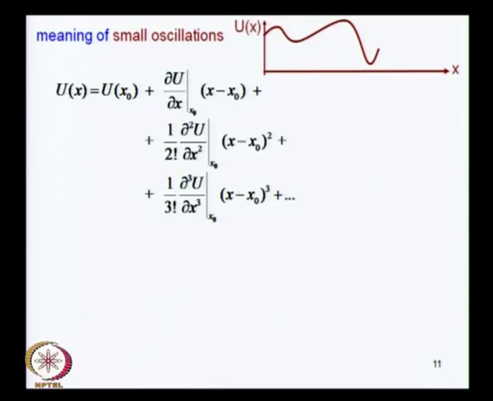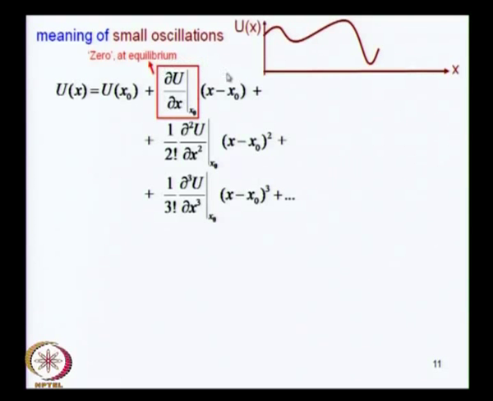Now, near the equilibrium, notice that the tangent to this u becomes parallel to the x axis, which means that this derivative goes to 0, and if this derivative goes to 0, then this term, which is the first order correction to this potential, vanishes.